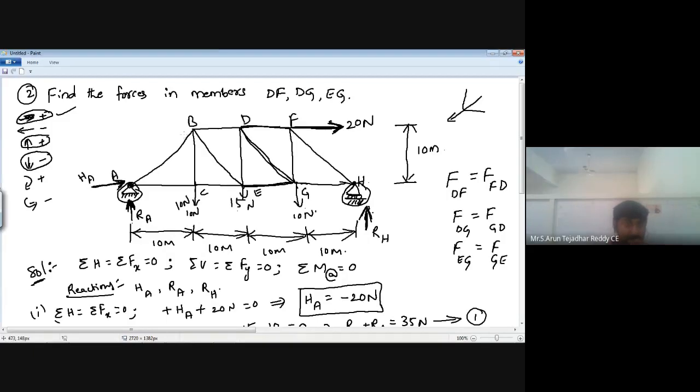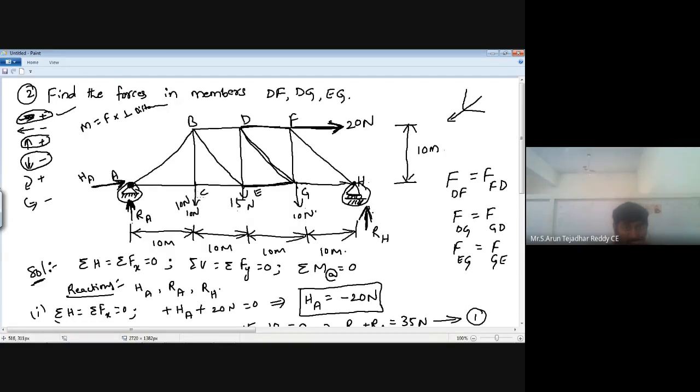See whether each is moving clockwise or anti-clockwise. The direction is very, very important. First of all, the moment formula is force into perpendicular distance.